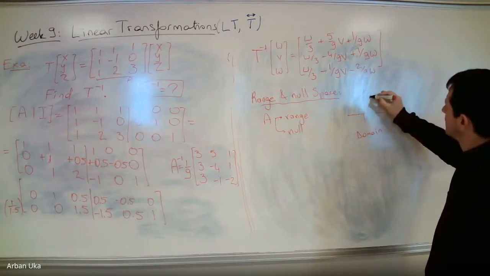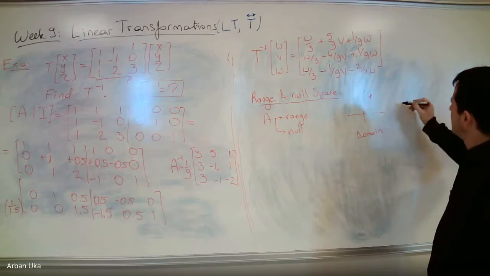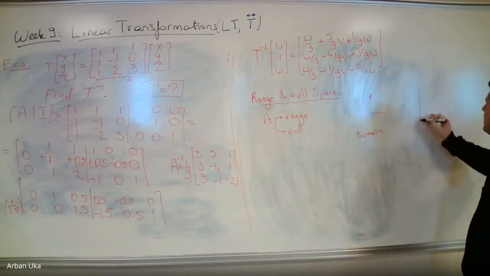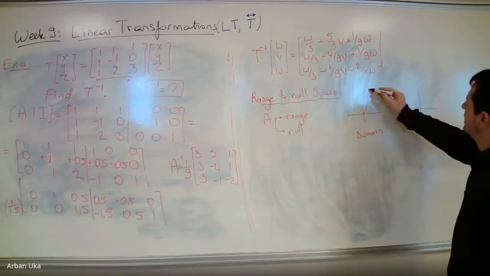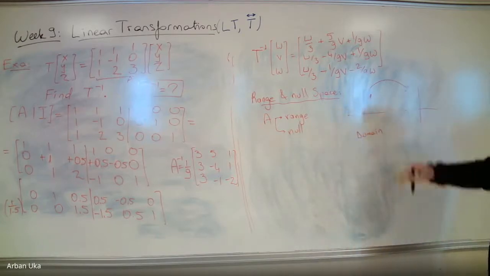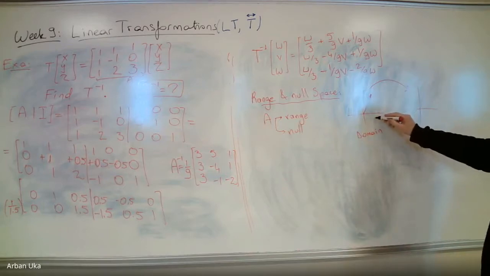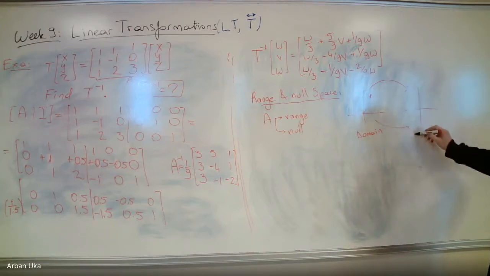This point is a vector whose coordinates represent this point. Now, we apply a matrix A on points that we can determine in this domain, and then all the range that we come to here, this would be the range.